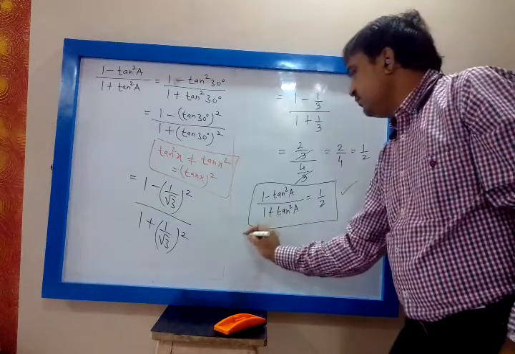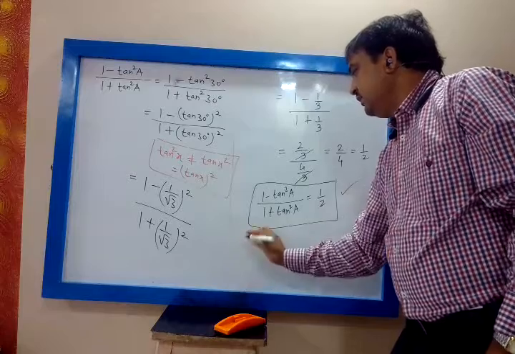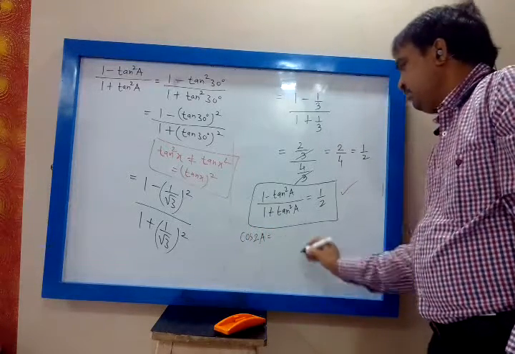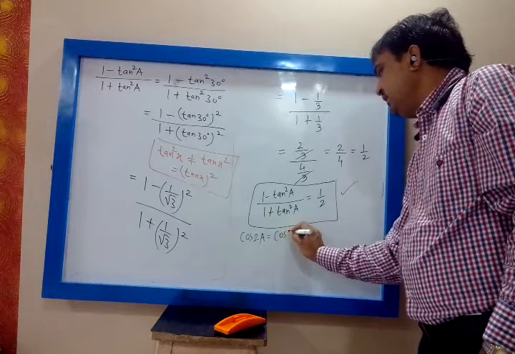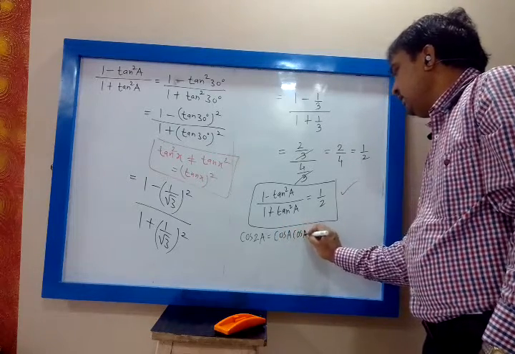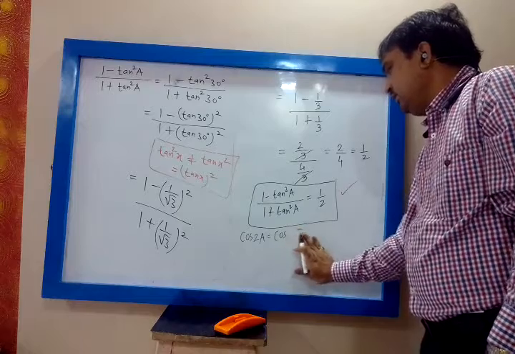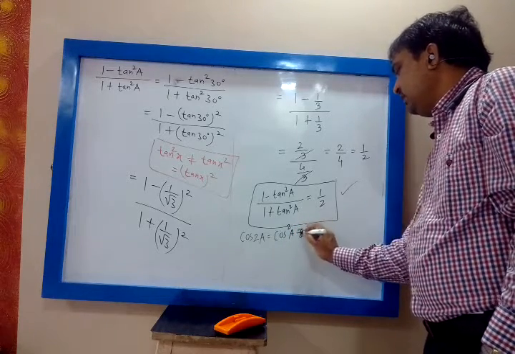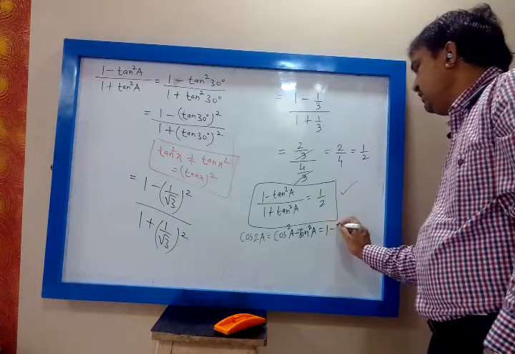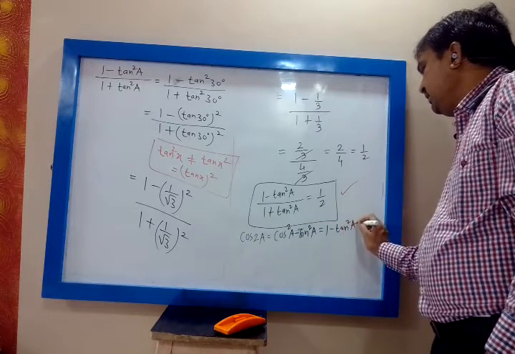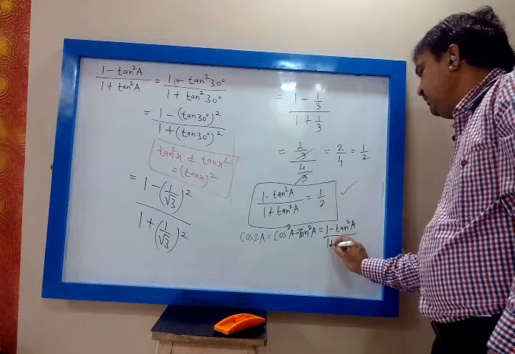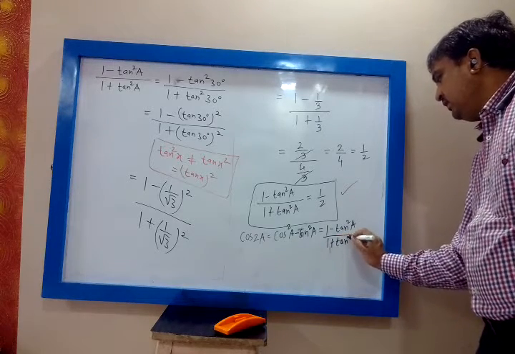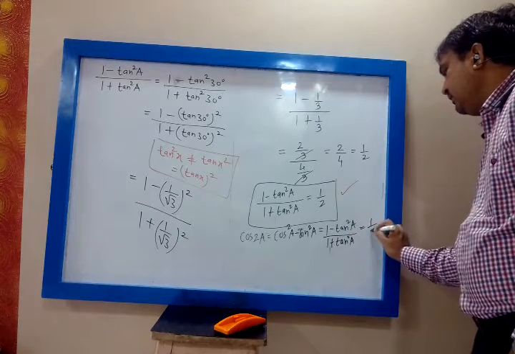So you will write cos 2A is equal to cos square A minus sin square A, which is equal to 1 minus tan square A upon 1 plus tan square A. All these three are having the value 1 by 2.